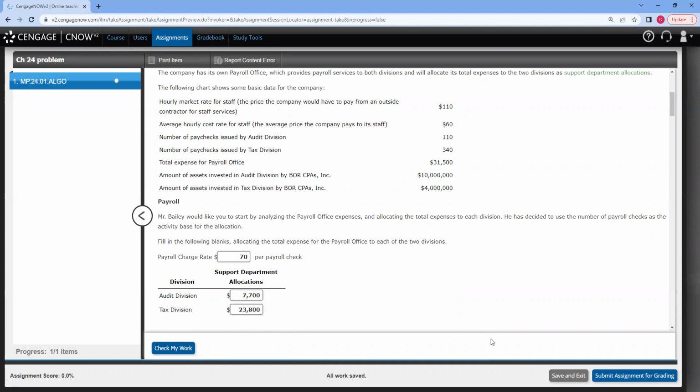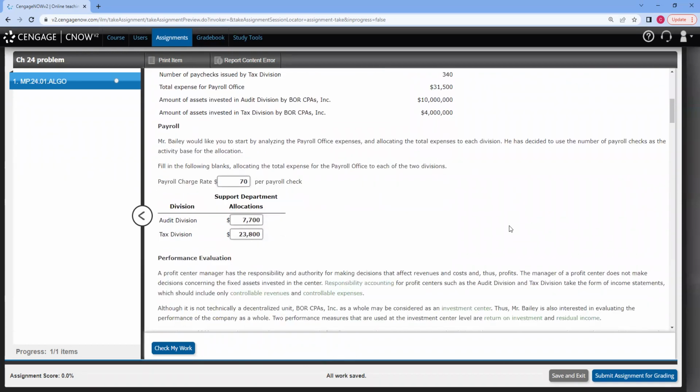So it's not to say that nobody else in the company gets a paycheck. In other words, the payroll office certainly has people working there and they get paychecks, but we're doing support department allocation directly to the profit centers, to the production departments, the way we've talked about them in other problems or in earlier chapters.